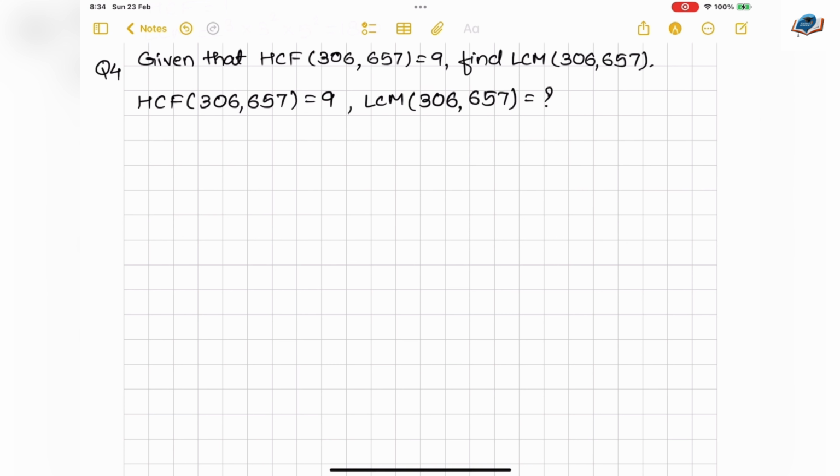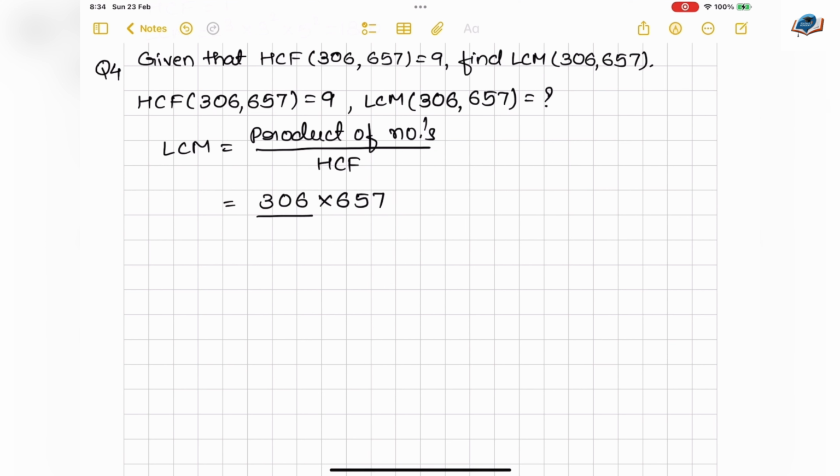So I can say LCM will be equal to product of numbers upon HCF using the formula HCF into LCM equal to product of two numbers. So this will be 306 into 657 upon HCF given is 9. So the answer will be 22338.